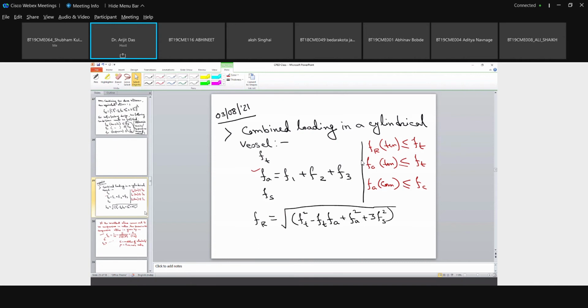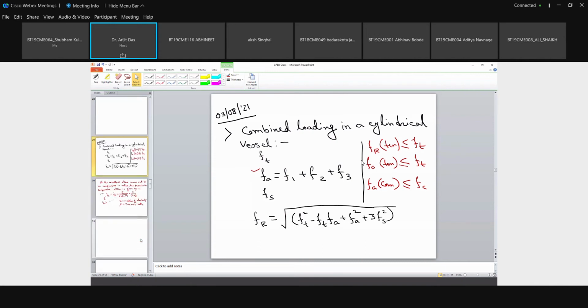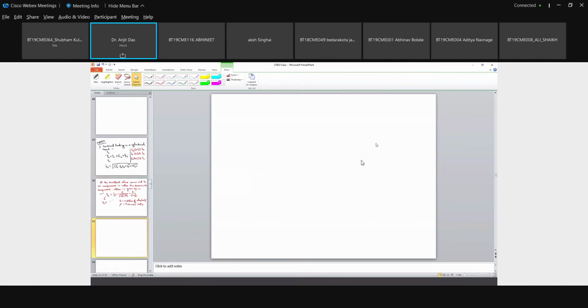Now, one thing we have to mention here, actually two things. We know these expressions, as for example, due to the internal pressure in a pressure vessel, the circumferential stress and the axial stress. What are the expressions?